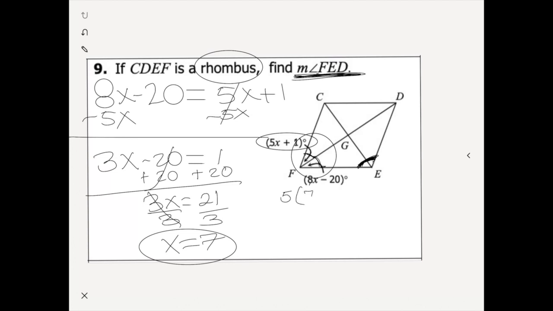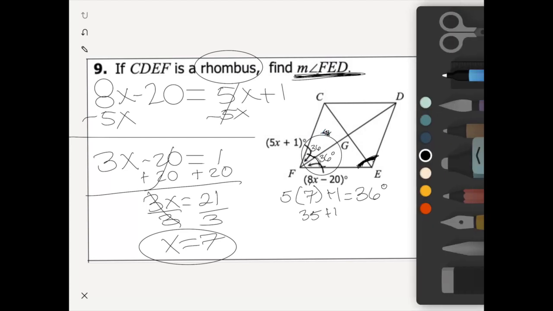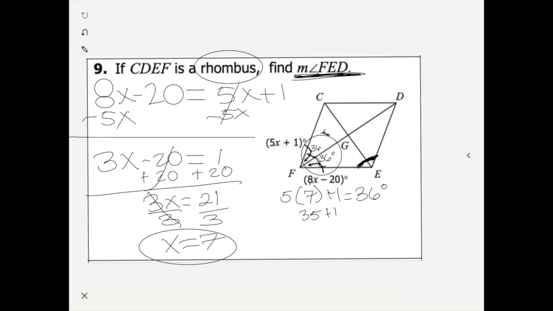So 5 times 7 plus 1. This is 35 plus 1. So we know that this is 36. This is 36 degrees, which means this is 36 degrees, which means this whole thing is equal to 72 degrees.